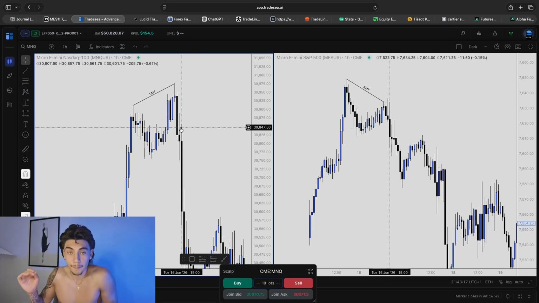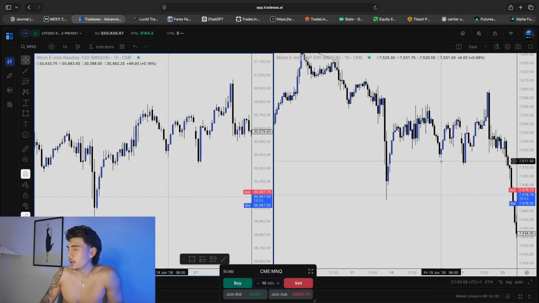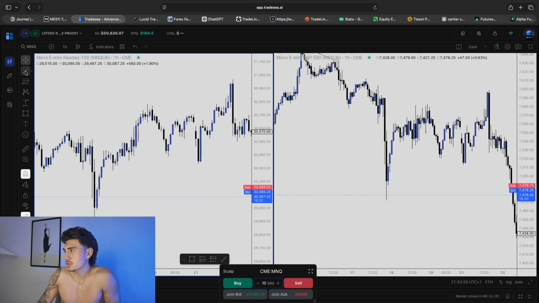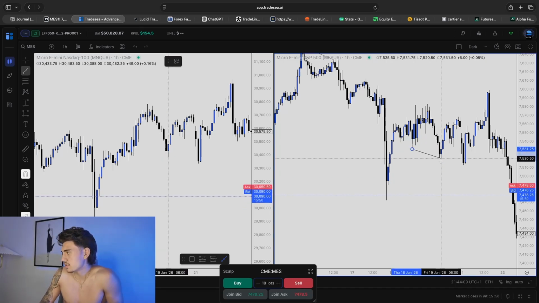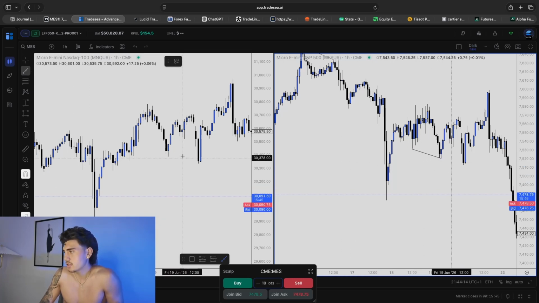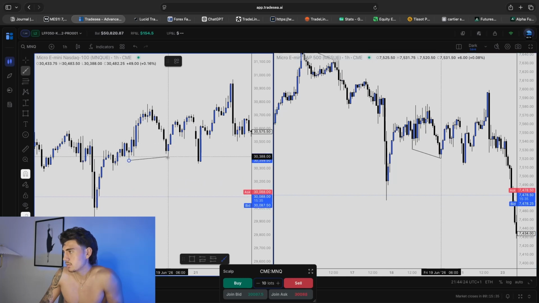Now that we've gone over a bearish SMT, let's go ahead and find a bullish SMT. What can we see here, guys, right? So if we draw our line from this low just here, which is Tuesday 18th at 12 p.m., down to this low just here, Friday at 6 a.m. in the morning on the S&P 500, and we do the same on the NASDAQ, so 18th at 12, up to Friday 6 in the morning.